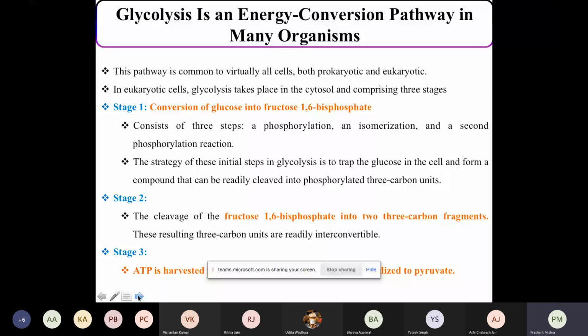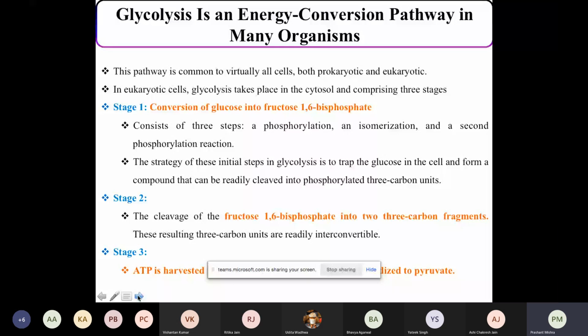In eukaryotic cells, glycolysis happens in the cytosol and comprises three major stages. When glycolysis occurs, the first step is that glucose is converted into fructose 1,6-bisphosphate. I will show you all the reactions here. I'm just trying to tell you about the stages and their importance.